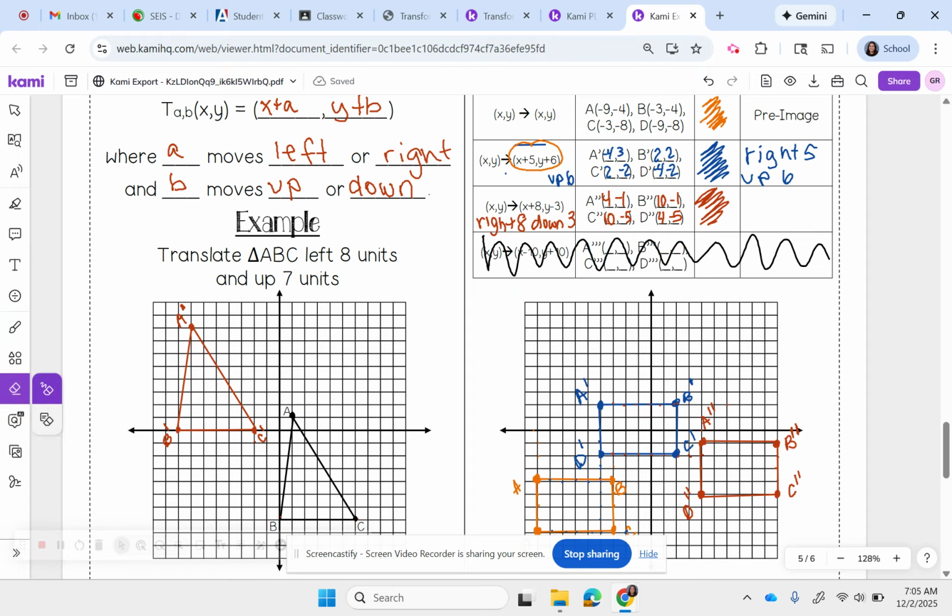And then on the other one, we're going right 8 and then down 3. That way it's not looking so crowded over here.